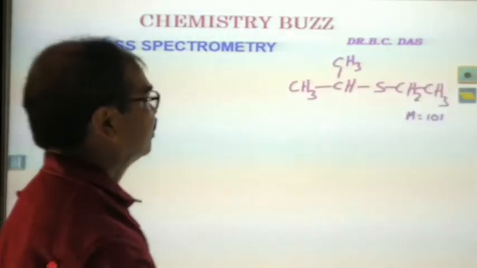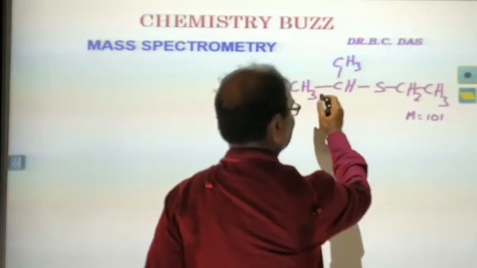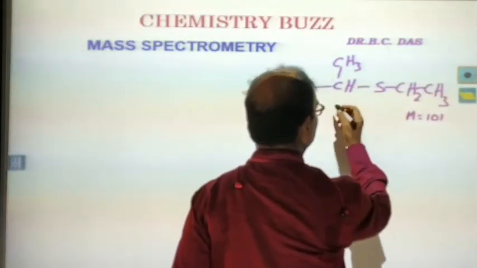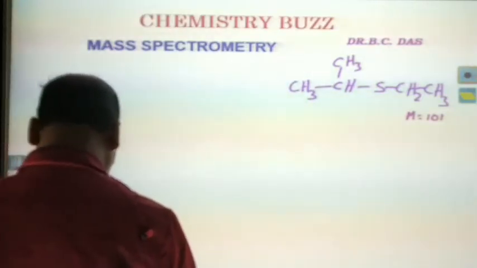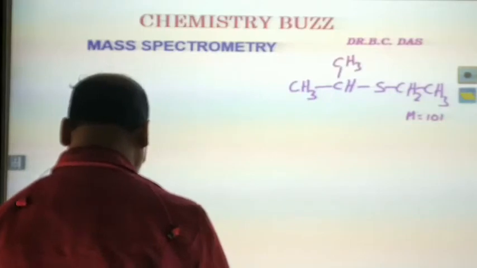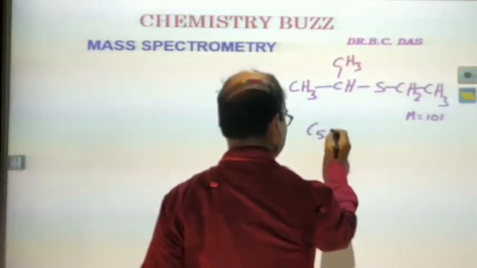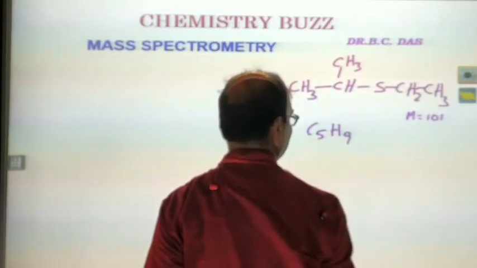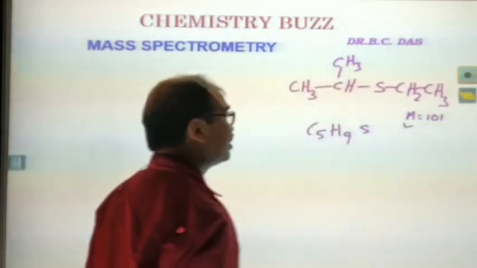Okay, so here this is the sulfur containing compound. The molecular formula is C5H9S, and its molecular mass is this much.